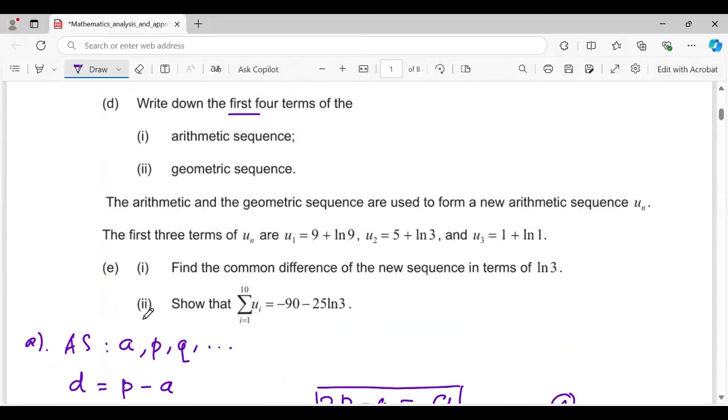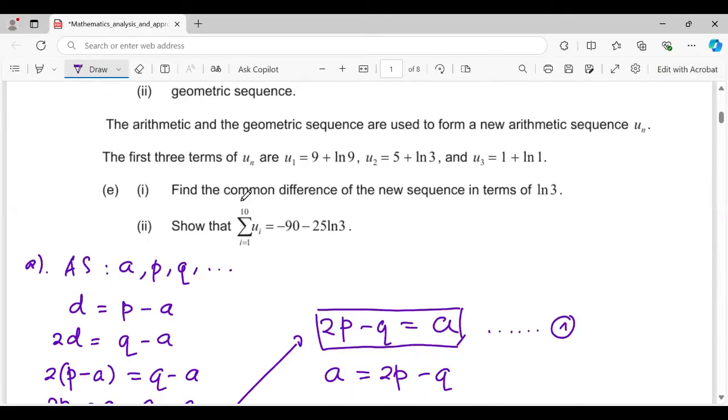Okay, and part 2 is show that the sigma from i equals 1 to 10 of ui equals minus 90 minus 25 ln 3. It means we are going to find Sn, or S10.